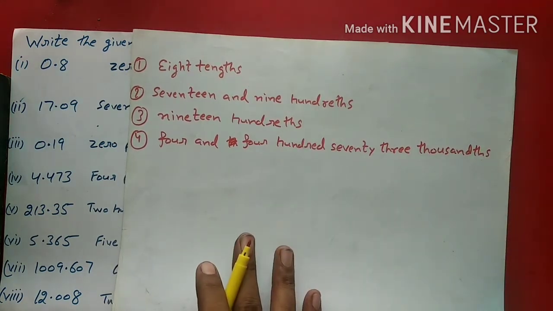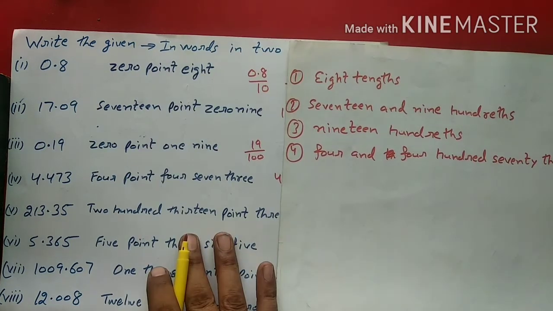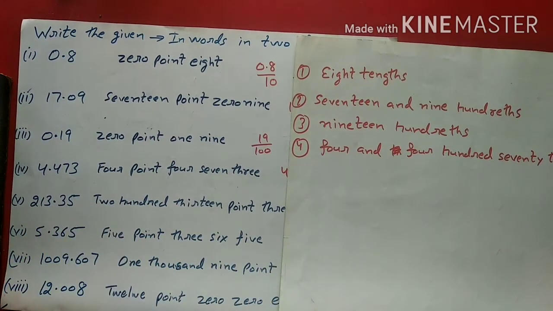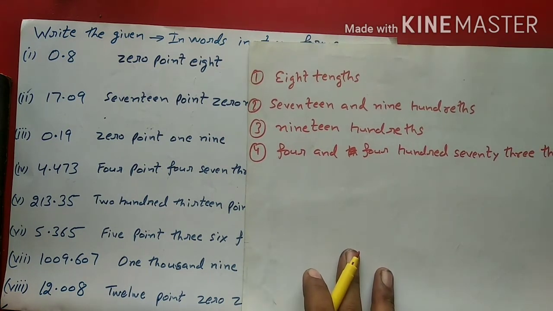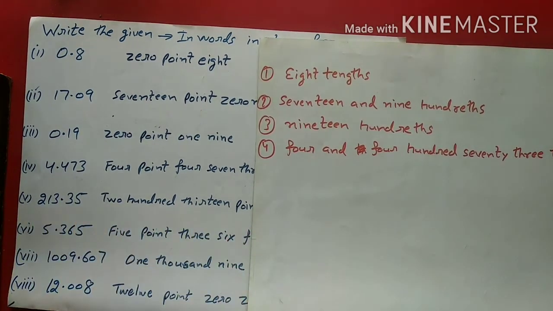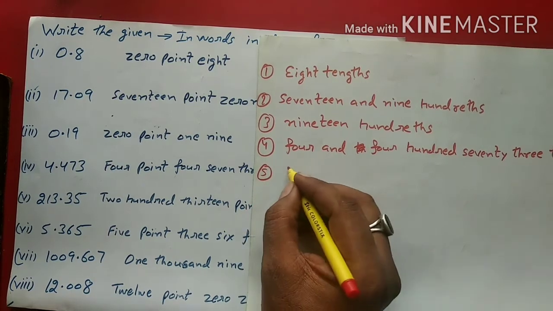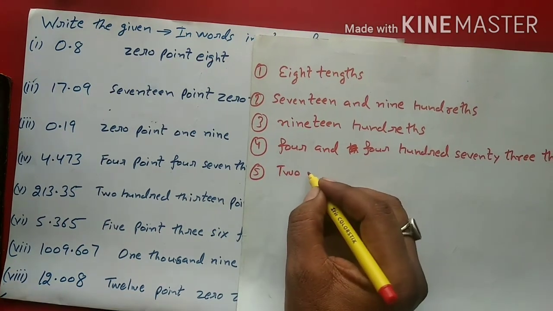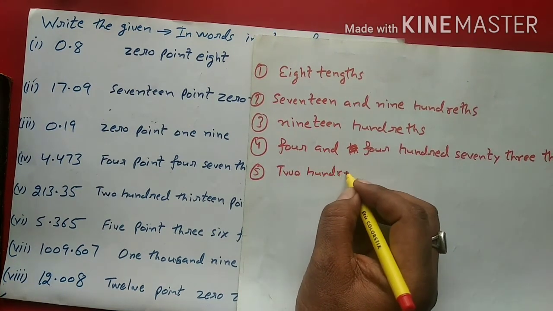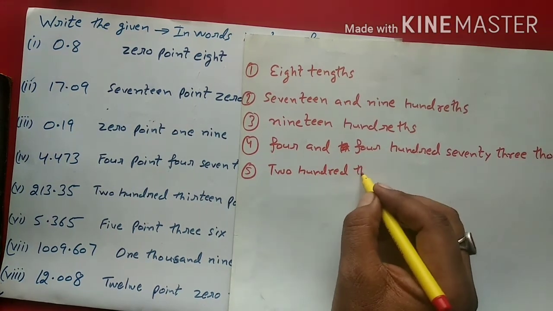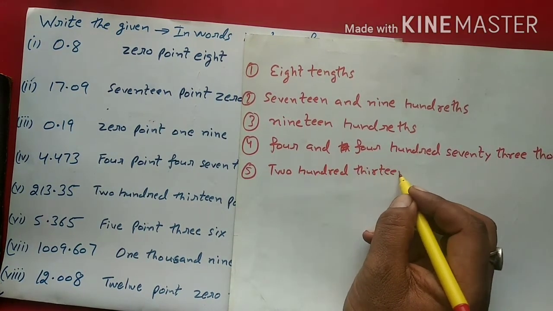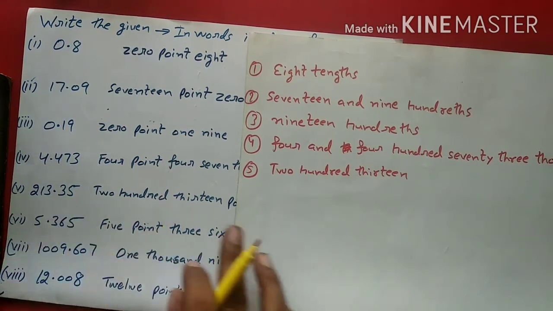Okay student, now we are on question number 5. 213.35. Now I will write this 213 and what is this?